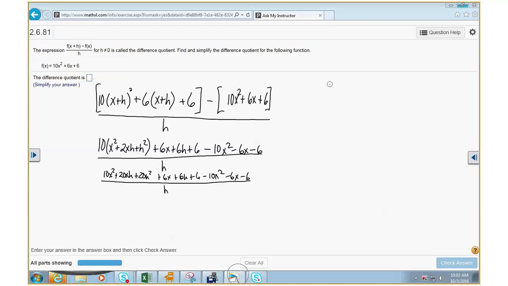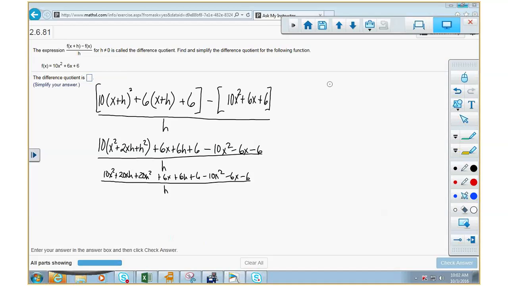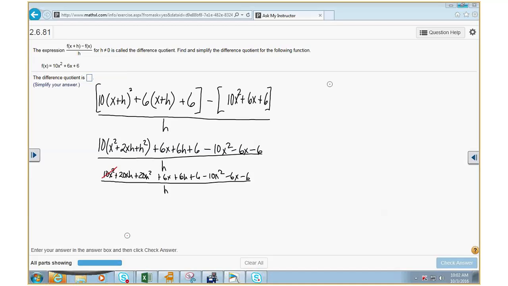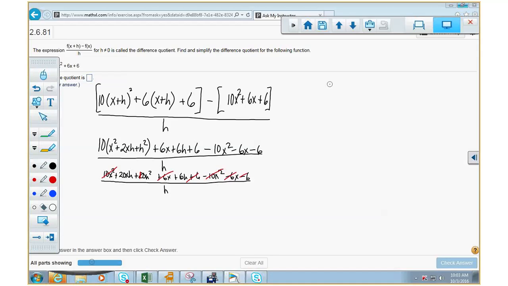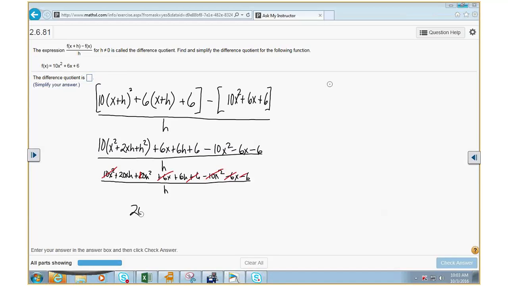It's easier for me to do some fairly 10x squared. And that's going to leave me with 20xh plus 10h squared plus 6h over h.